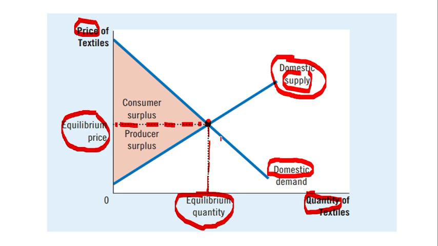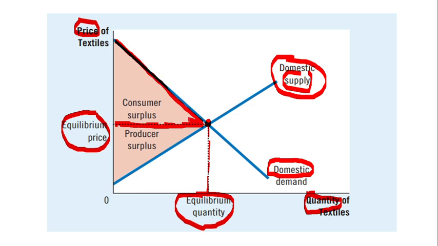Now what is the benefit of the consumers, or consumer surplus? You know that the consumer surplus is measured by the area above the equilibrium price and below this demand curve.